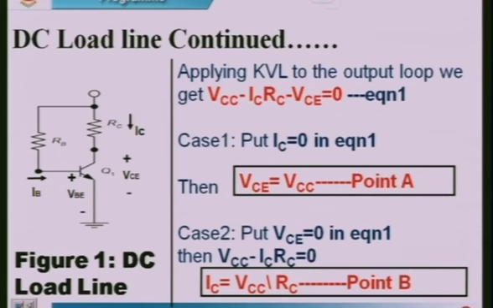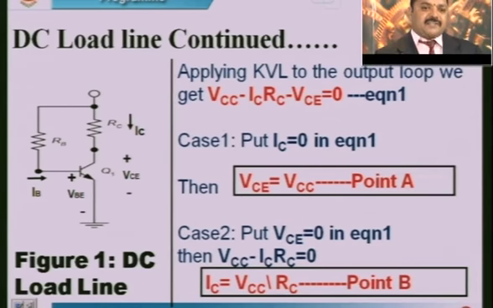Figure 1 consists of transistor Q1 and then RC and then RB. This circuit is called a fixed bias circuit. We will be discussing in detail what is fixed biasing in the next session. In this circuit IC is the output current, VCE is the output voltage. The proper maintenance of IC and VCE is called biasing, BJT biasing.